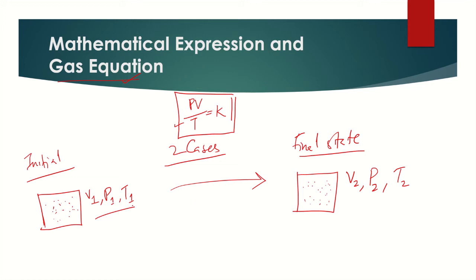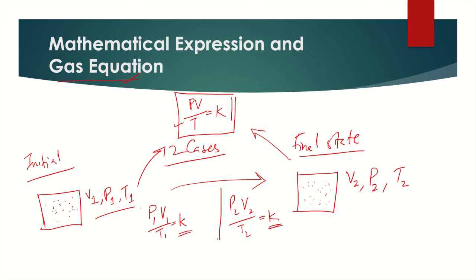For the first initial state, we'll write this expression as P1 V1 by T1 is equal to K. And then for the final state, we'll express this as P2 V2 divided by T2 is equal to K. And since we already learned that the proportionality constant K is the same, we can replace the value of K with this and another K with this expression, and hence we'll get P1 V1 by T1 is equal to P2 V2 by T2.